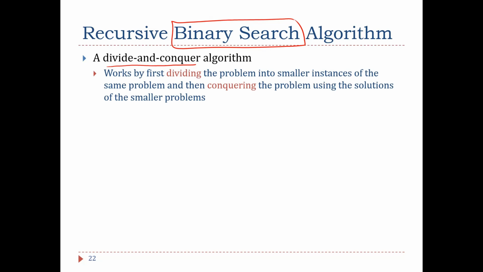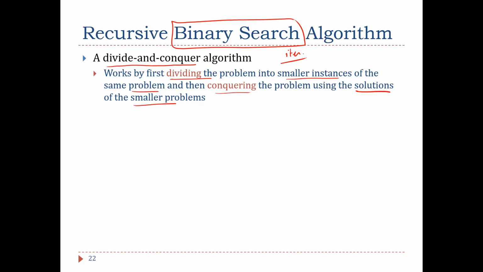It's a family of algorithms where we divide the problem into smaller instances of the original problem, typically by halving it. And then we conquer the problem by combining the solutions of these smaller problems in a straightforward way.